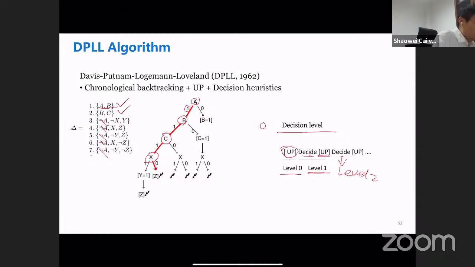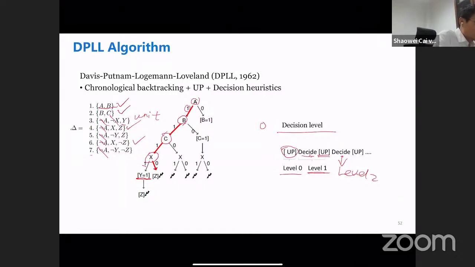This time it is X. And in the first branch, we assign it to 1. So this is satisfied, and no X is eliminated. Now we have a unit clause, Y, right? So this branch implies that Y must be 1. Then we use a square to show that Y is implied.